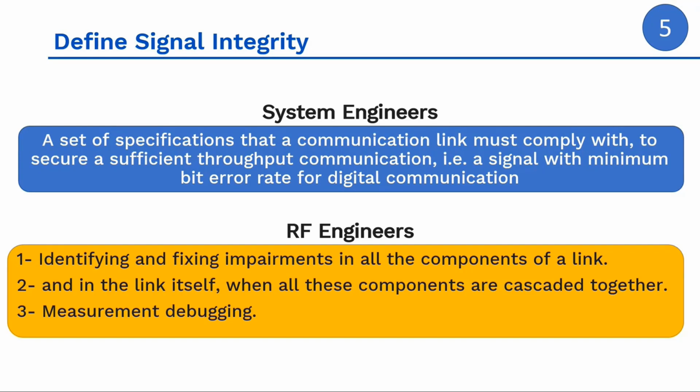So how about us? How about the RF engineers like us who are using HFSS and Circuit Designer? It means three things, not just one. Phase one is identifying and fixing or minimizing any defect in all the components of a communication link. Then phase two is building a reliable communication link by cascading these components.